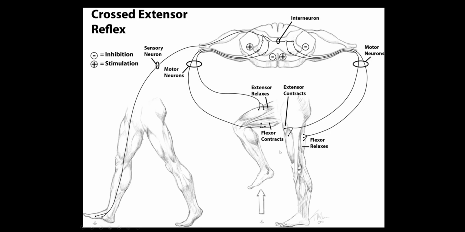What actually is a more practical understanding of this is the circuit that's involved with every step that you take, where you are doing exactly the opposite thing in both legs, whether you're stepping on one leg and then stepping on the other leg. So the crossed flexor extensor reflex here is really just showing the normal physiology of walking in terms of spinal cord circuitry.